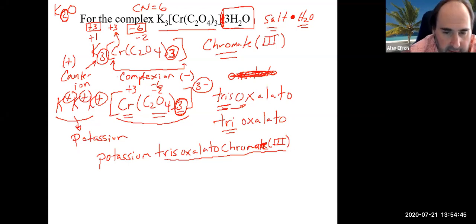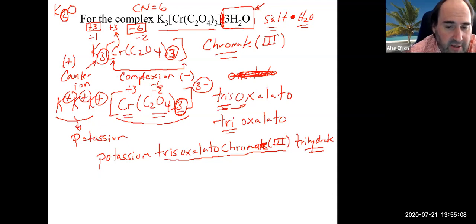And we kind of ignored the hydrate part at this point, but as you might remember, to name hydrates, you used prefixes as well, and hydrate for water. So there's 3 of them. This would be trihydrate. And this part of the name is a little unusual. You probably won't come across too many hydrates, but it happens to be in this case.